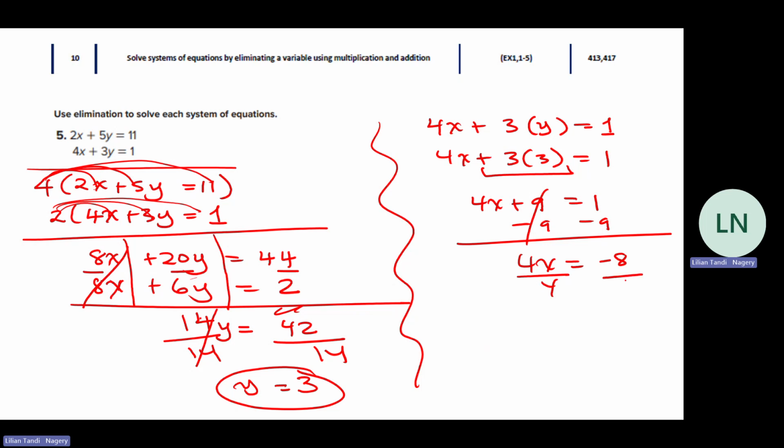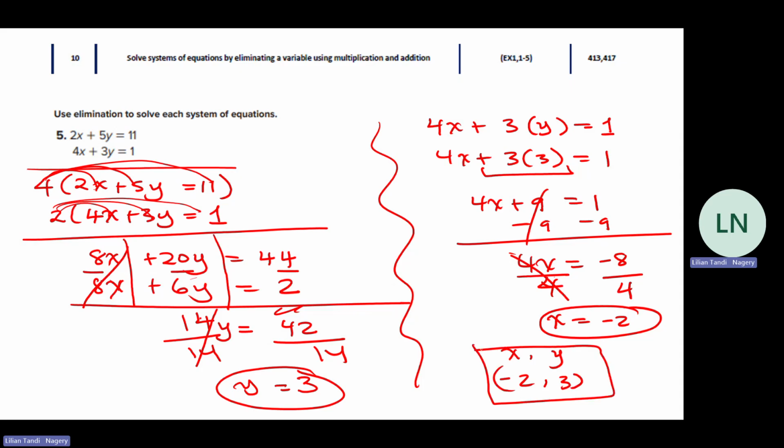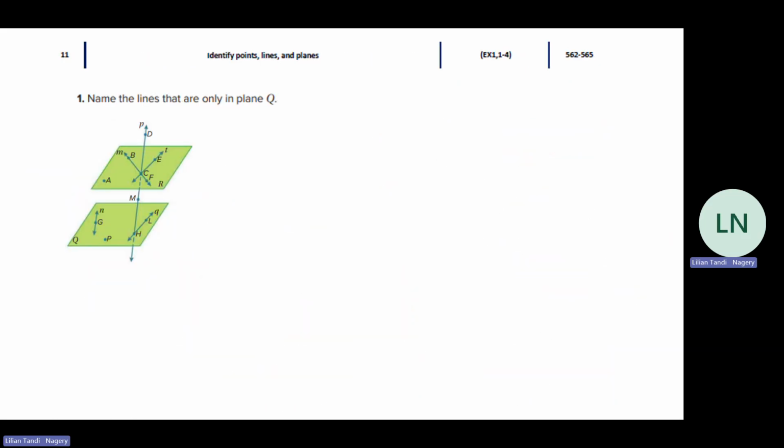Divide by 4, divide by 4. This goes away. X is negative 2. X comes before y, negative 2, 3, and you box your answer. Okay? All right, we stop here. We will continue later.